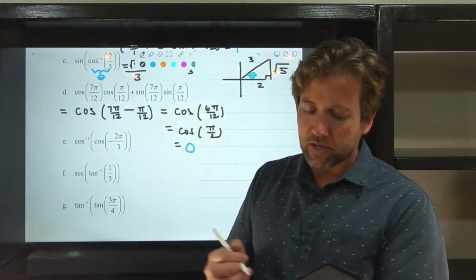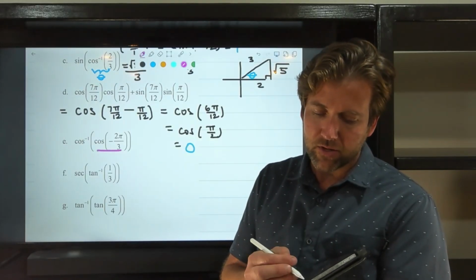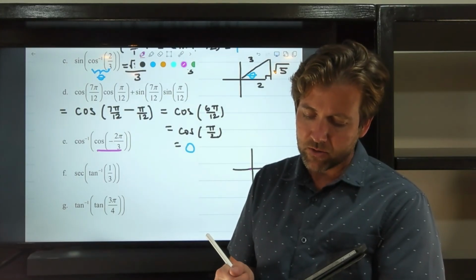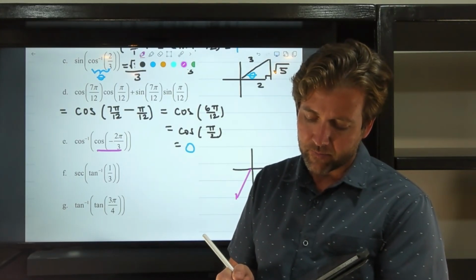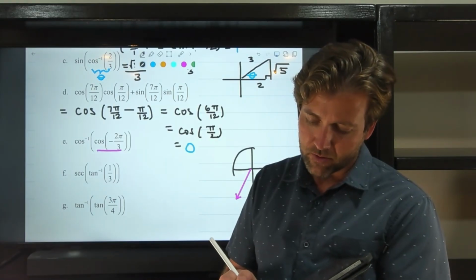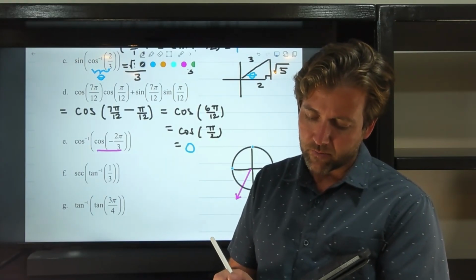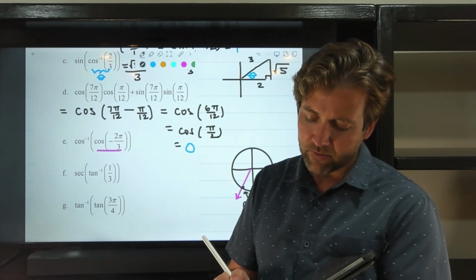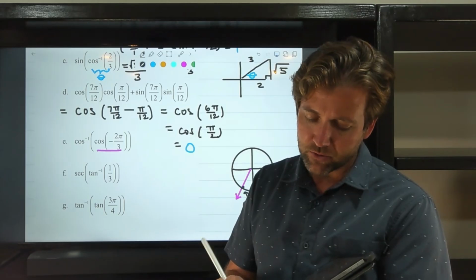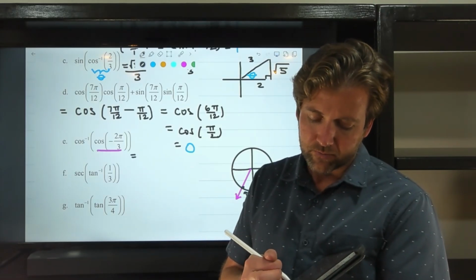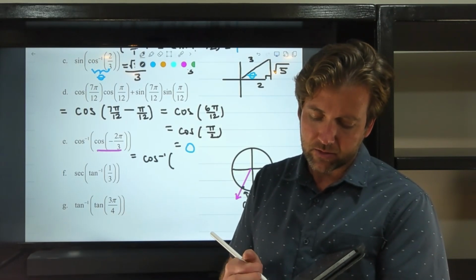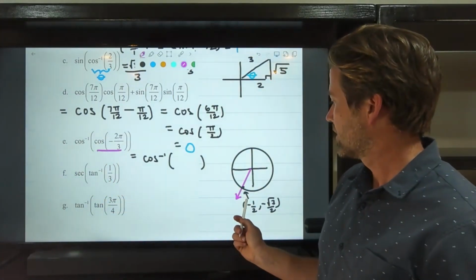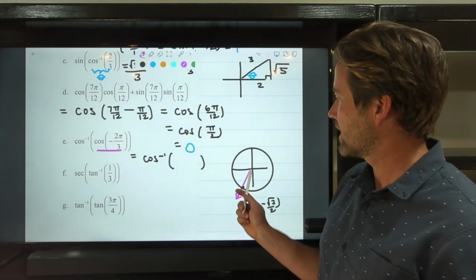So let's first look at the cosine of negative 2 pi over 3. That angle is right here. This point is negative 1/2, negative square root of 3 over 2. So technically, the cosine of negative 2 pi over 3 is going to be this x-coordinate where the angle intersects the unit circle.